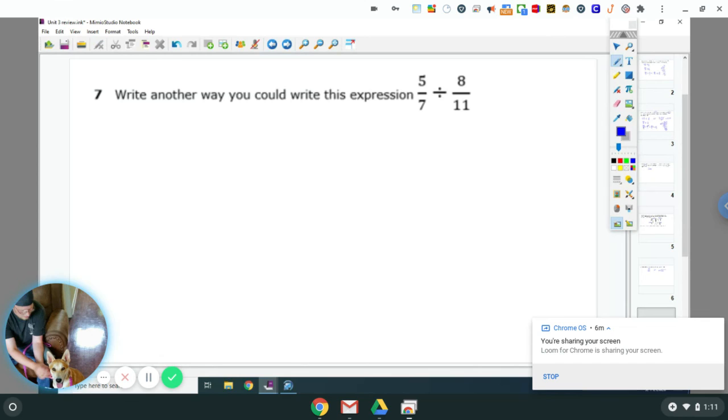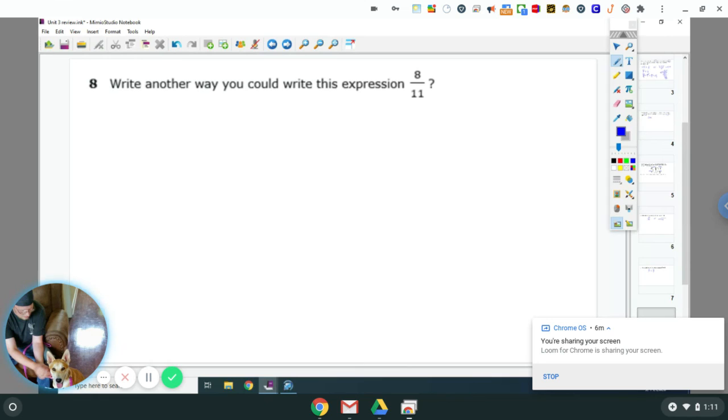Okay, number 7, write another way you can write this expression. 5/7 divided by 8/11 is the same thing as 5/7 times 11 over 8, because you just do the keep it, switch it, flip it model. All right, number 8, write another way you can write 8/11. Another way is 8 divided by 11, or 11 divided into 8, which is the same thing.